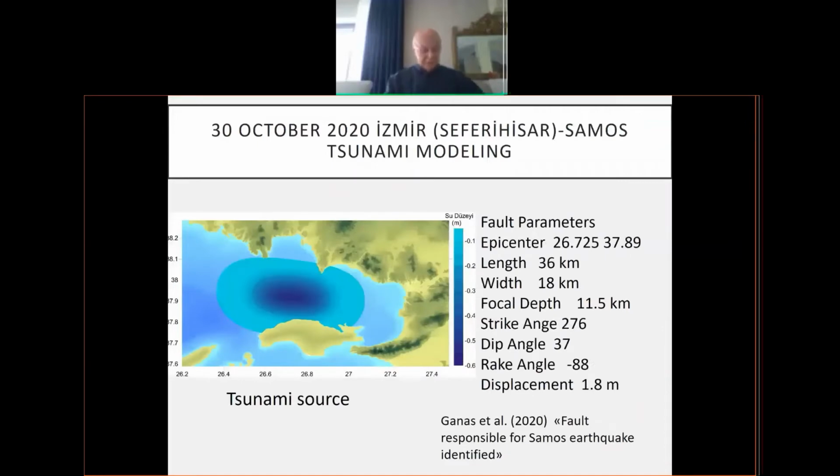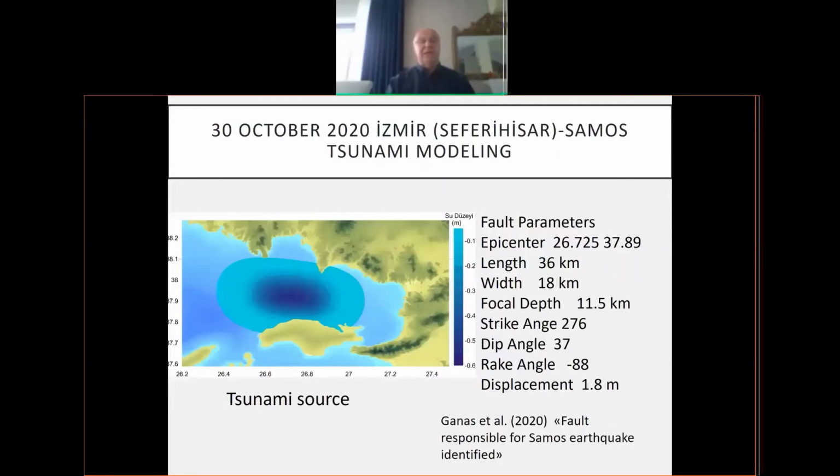In the interpretation of our results in general, modeling is a very good tool to show the results. There were different fault mechanism interpretations, and Arda Hoca and Zeynep Hoca are our collaborators to understand the fine analysis of the source mechanism of this tsunami.